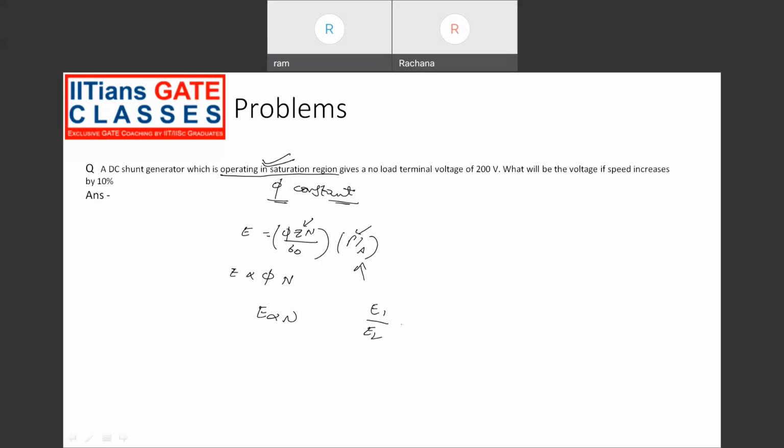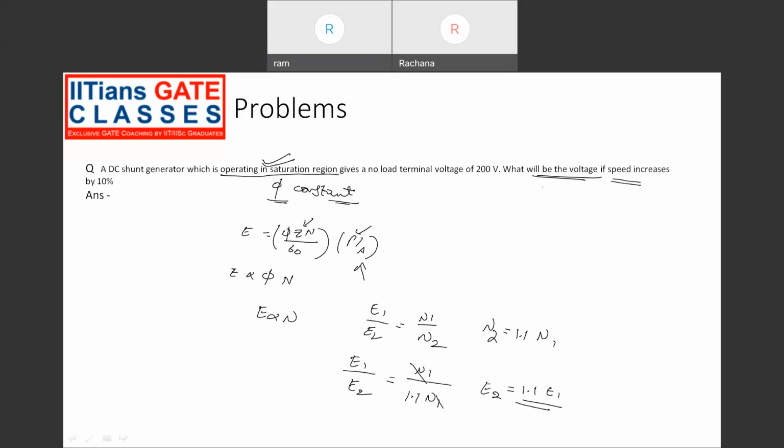E1 by E2 equal to n1 by n2. What they have specified, what will be the voltage if speed increases by 10%? Speed increases by 10% means n2 equal to 1.1 times n1. So E1 by E2 equal to 1 by 1.1, and E2 equal to 1.1 times E1.